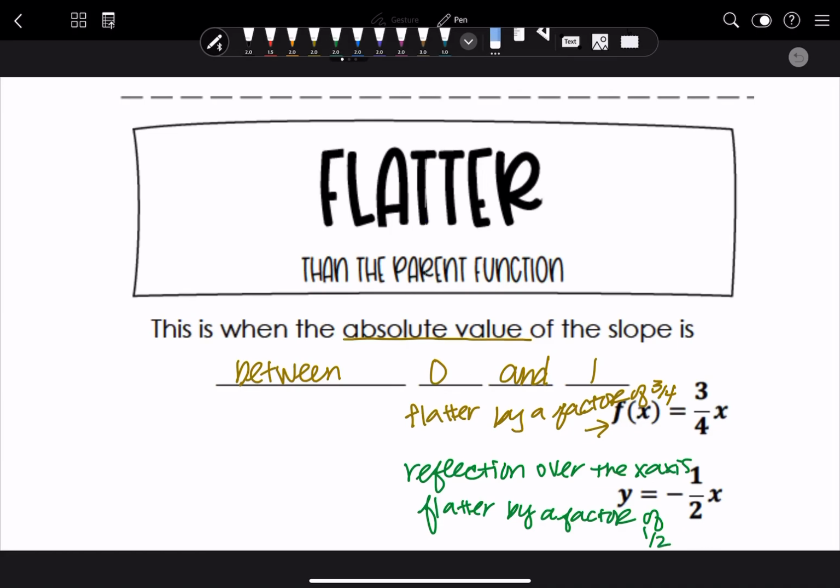So remember, just because you see a fraction, do not assume that it's flatter. And I am going to go ahead and put this on the front of my notes. And that's saying that the absolute value of your slope has to be between 0 and 1.